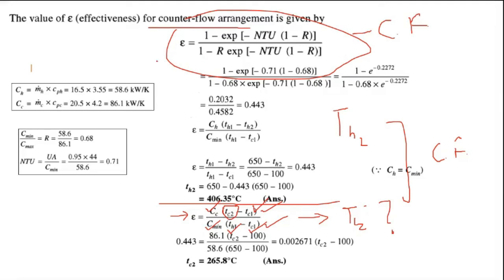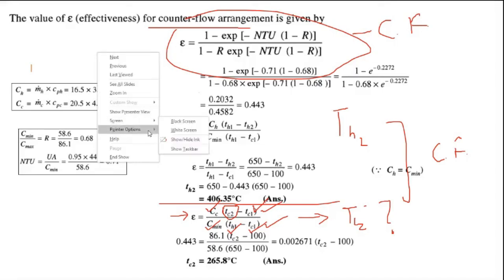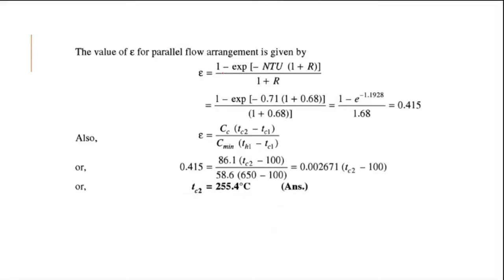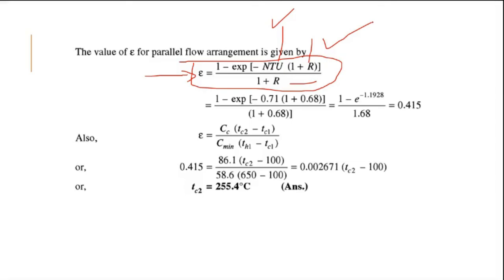So can we do the same method for parallel flow arrangement as well? Yes. If we go for parallel flow arrangement, again we need to go to the data handbook and check the relation for effectiveness for parallel flow. So the relation is this. Effectiveness is equal to 1 minus exponential of minus NTU (1 plus R), whole divided by 1 plus R. NTU value is known to us, R value is known to us.